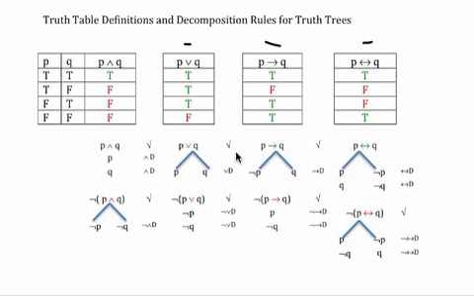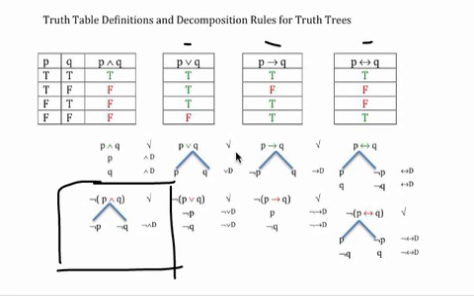And so when we come down here to the case of the negated conjunction, we see that the value of the conjunction has to be false in order for the value of the negation outside the parentheses to be true. So these are the cases that we're looking for when we have the negated conjunction. We're looking at these three lines of the truth table where the entire statement ends up being false.